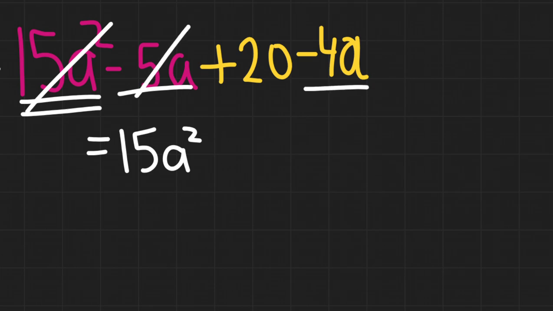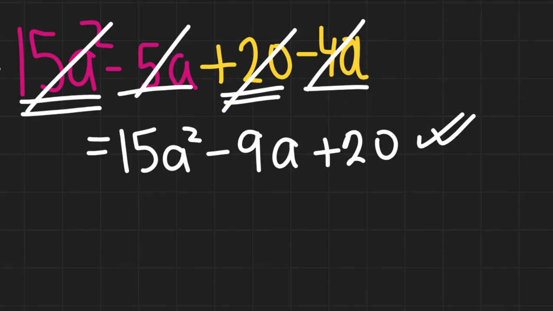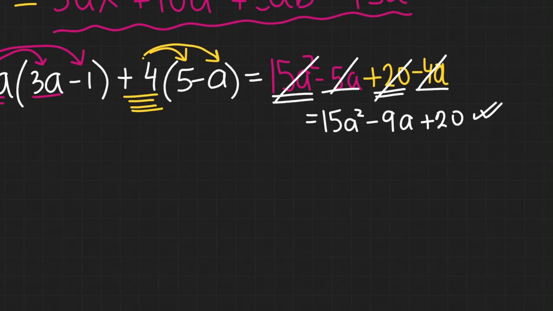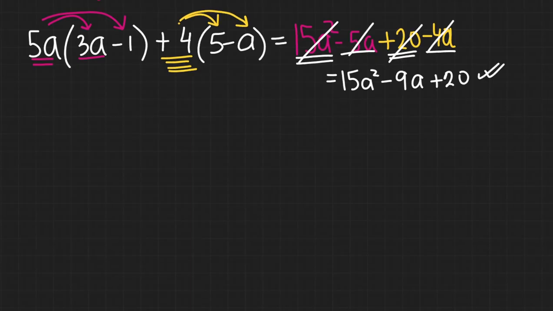Minus 5a minus 4a is minus 9a. Finally, we have positive 20. There are no like terms like 20. So we say that that is our final answer. What we did here is we applied the distributive property to expand the brackets, and then we collect like terms if possible, of course.